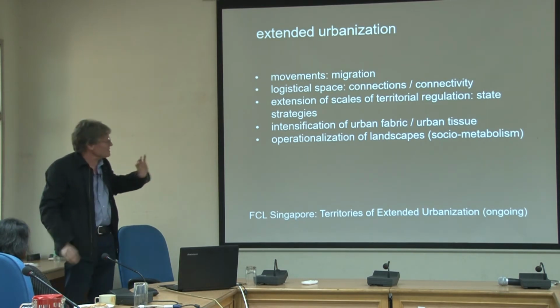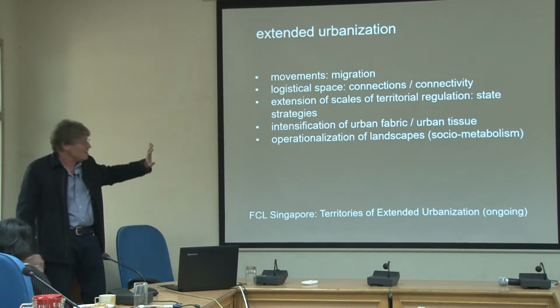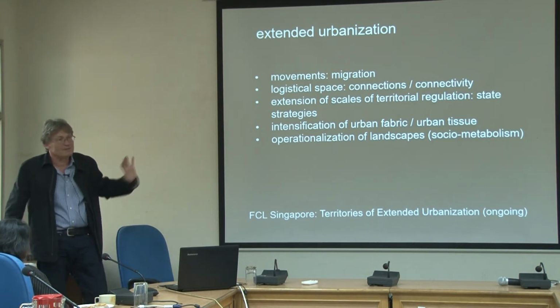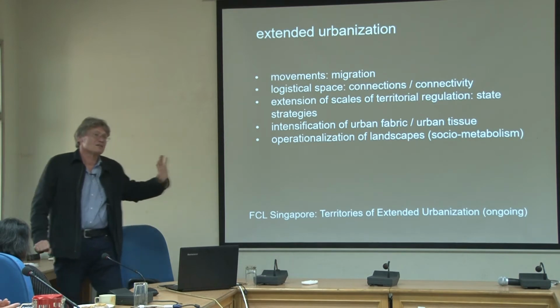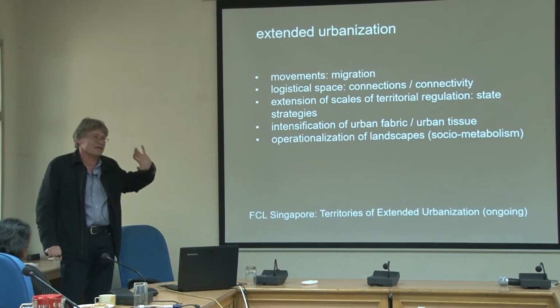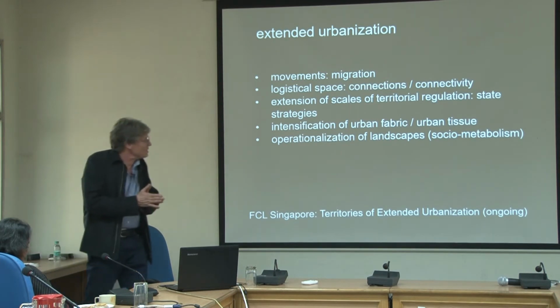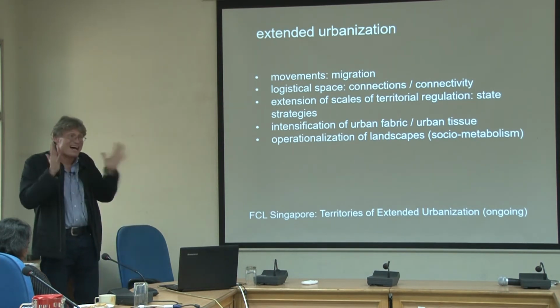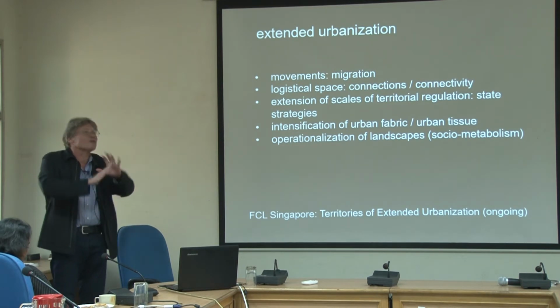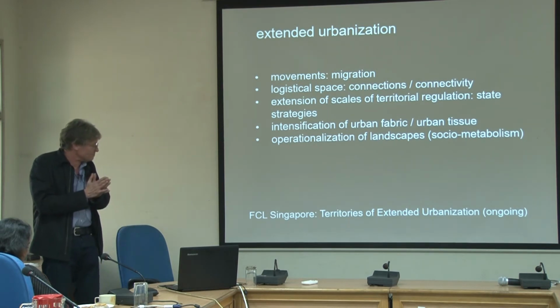And it includes the various forms of operationalization of landscapes, which refers to social metabolism: how food is produced today in a highly industrialized way, how huge raw material extraction sites are developed, and all that goes along with that.